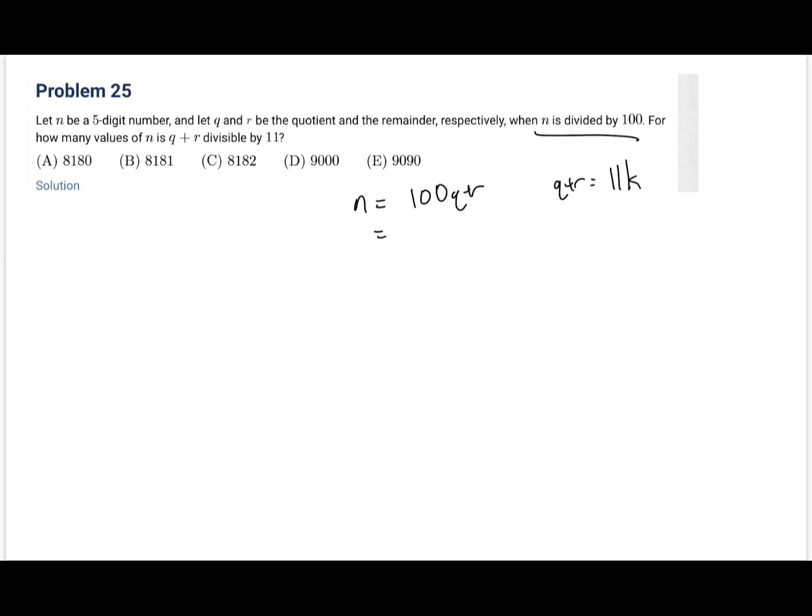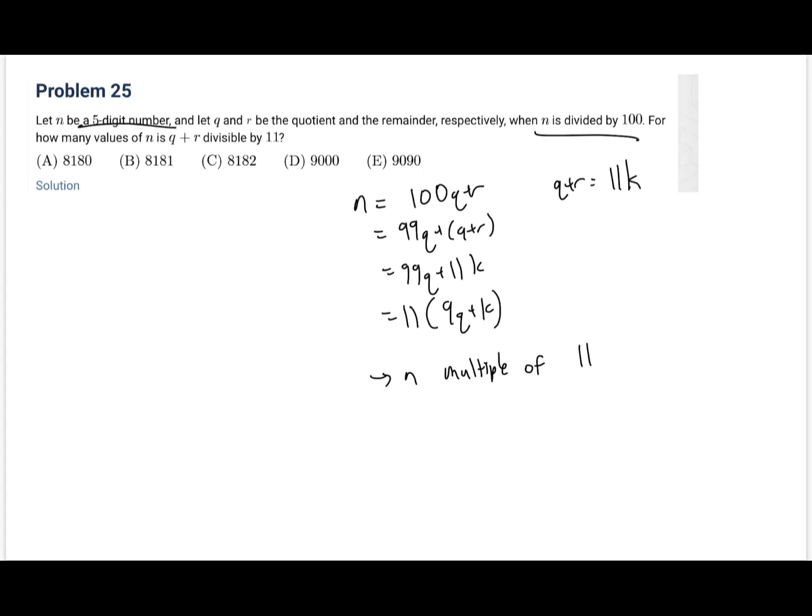And so this would be 99Q plus Q plus R, which is 99Q plus 11k, which is 11 times (9Q plus k). So this means that n has to be a multiple of 11, right?